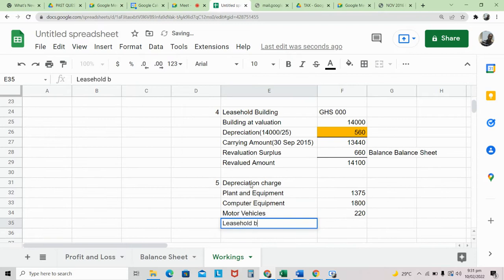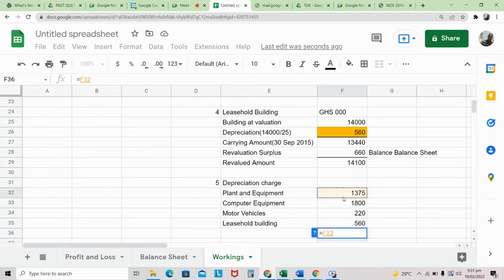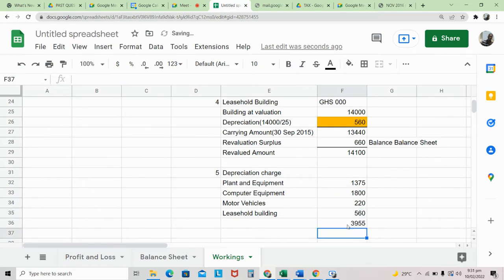So we know our depreciation for the year, which is this plus this plus this plus this, 3955. So this is our depreciation for the year.